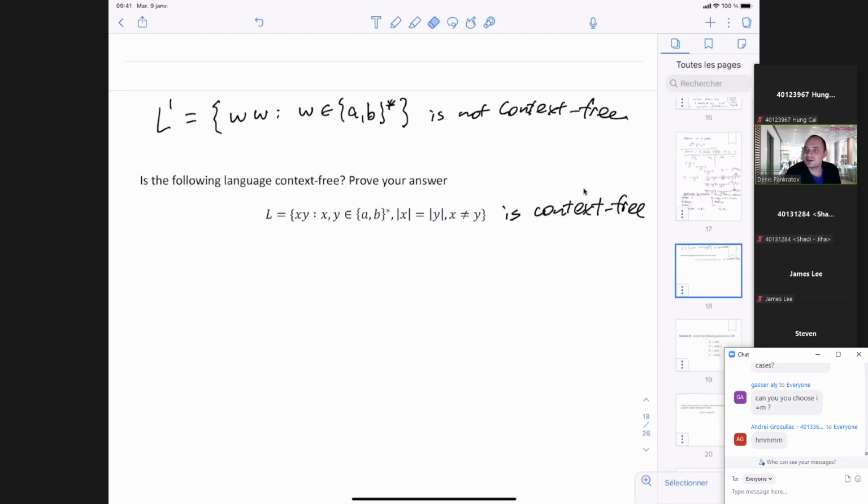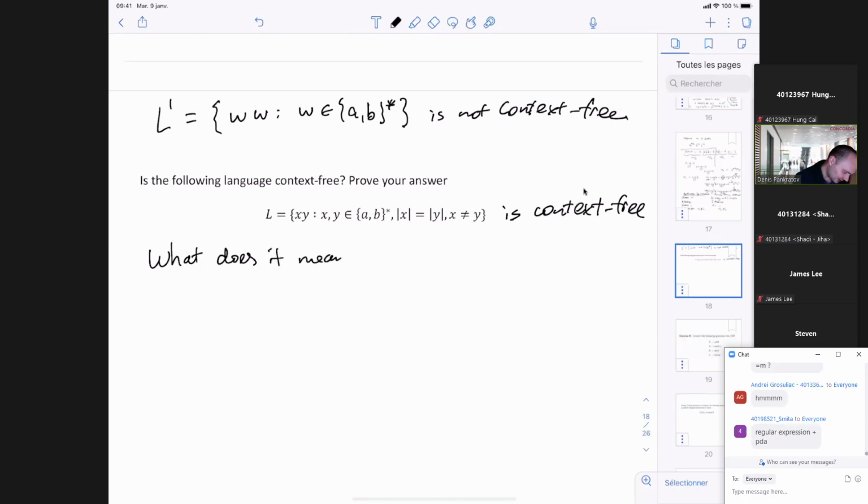And that requires decomposing the string XY slightly differently. We'll look at the string slightly differently. So what does it mean? What does it mean? X is not equal to Y. Well, consider X consists of individual characters, X1, X2, X3, X4, so on, up to Xn.